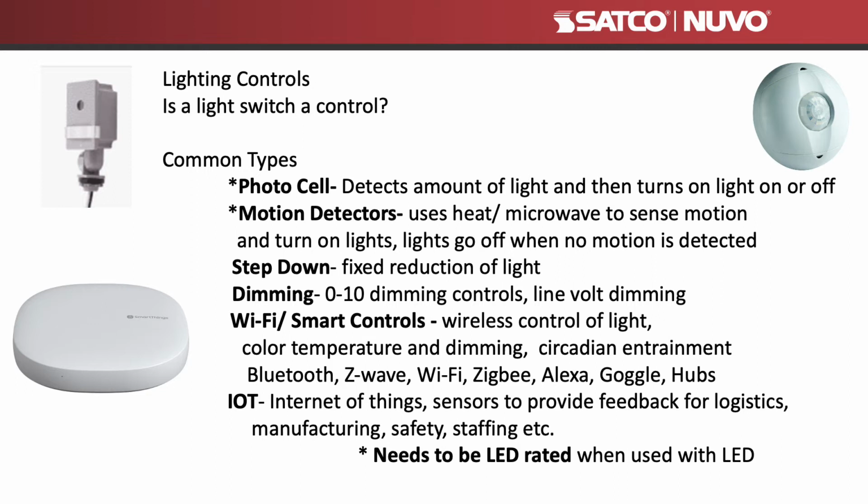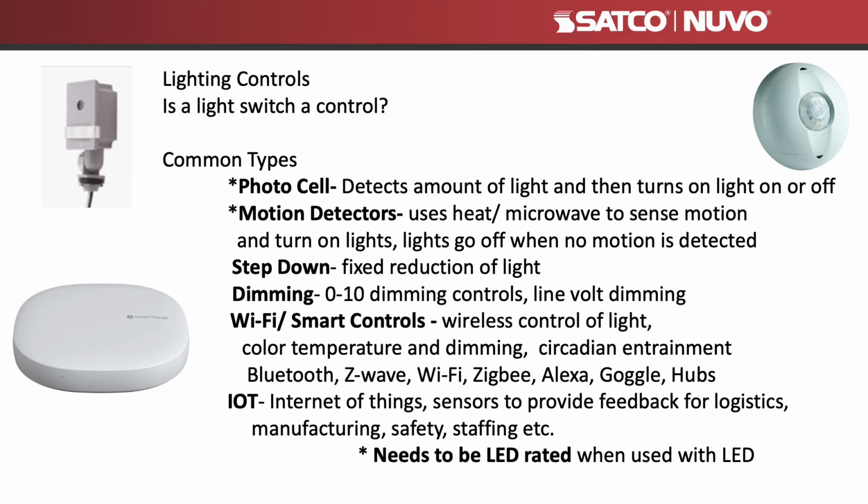And there are many ways to utilize the controls that are out there. Bluetooth is one method, Z-Wave, Wi-Fi, Zigbee, Alexa, Google, and any type of hub. These all are smart controls and a communication path to get a light fixture to reduce energy or do something when it's needed and not just on all the time.